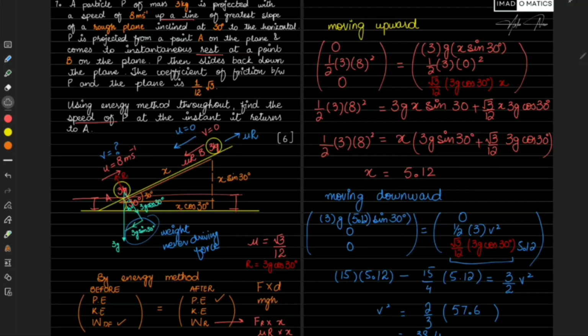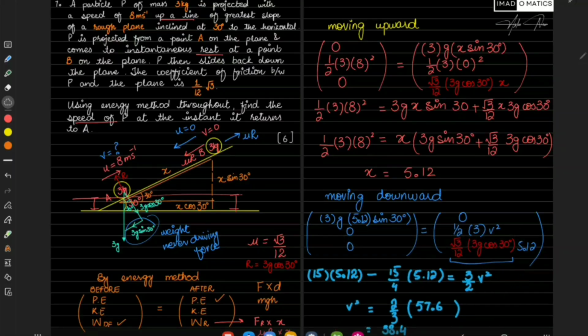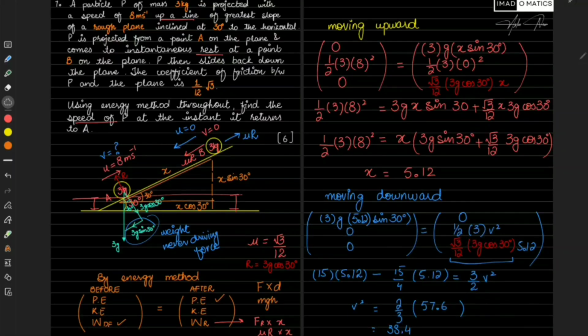Let me arrange this first a bit. V comes out to be 6.1967.